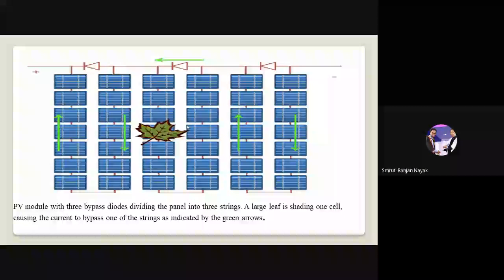As a result, your panel will work through the bypass diode. In such a way the diodes are connected that we can never obstruct the solar energy which can be used for storing in the battery. So here are the examples of the bypass diodes.